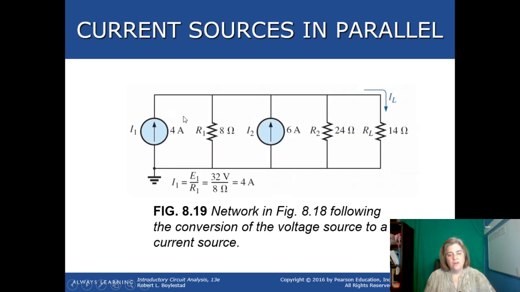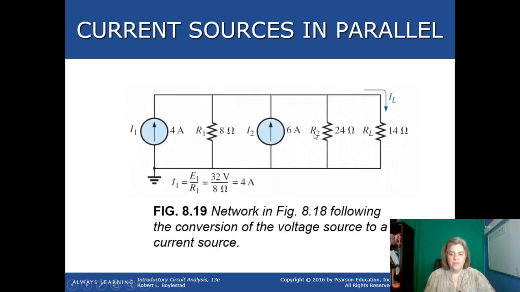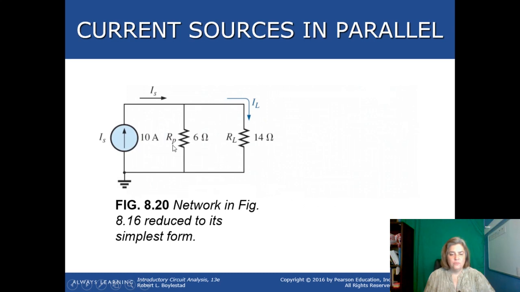Now we can combine our current sources. 4 up and 6 up gives us 10. And then it looks like we combined our 8 and our 24 to be 6 ohms. So we reduced our circuit to a manageable, simple circuit to work.